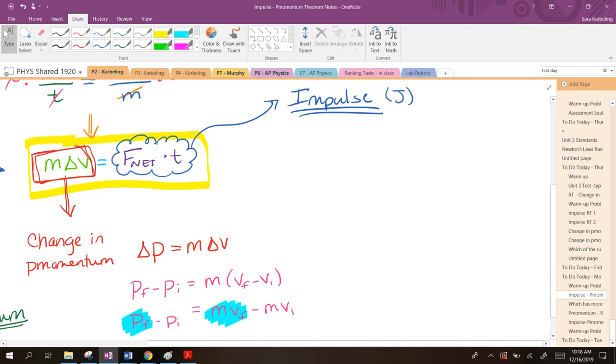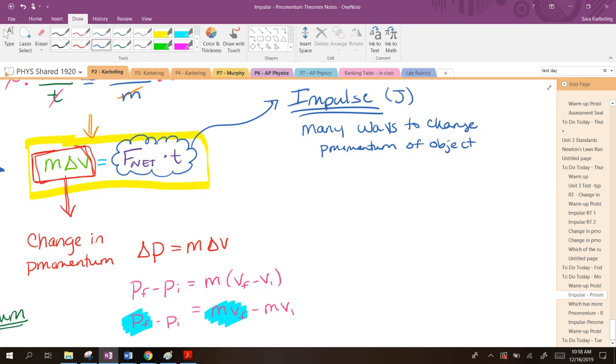There are many ways to change the momentum of an object. You have to apply a force, and that force is going to have to be applied over a time, but there are lots of different ways to do that. And we're going to talk about one of them right now.